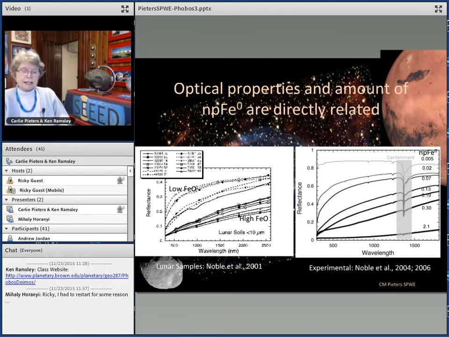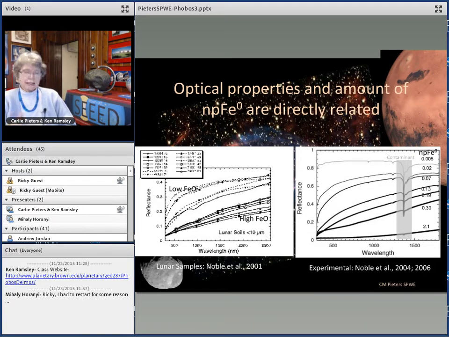And what you see is essentially reflected in what we see in the samples, namely that those materials that have just small amounts of this nanophase iron have a certain characteristic, and the more of this nanophase iron that is included, which essentially is accumulated on the surface of grains, the more distinctive the signature, as seen in the experiments such as the high iron or the very strongly iron-bearing lunar soils here.